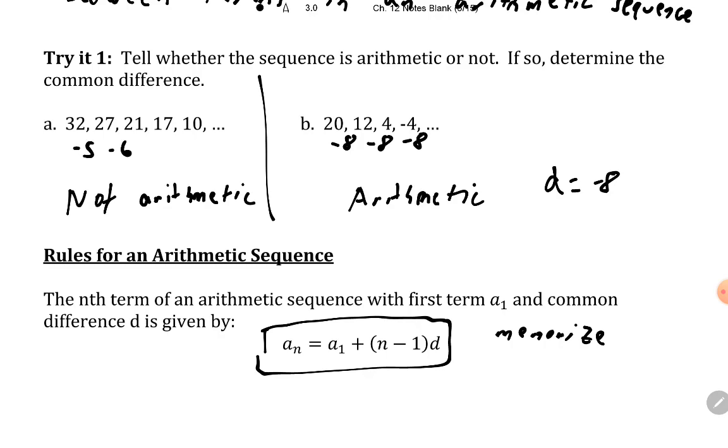So this is the rule for any arithmetic sequence: you take your first term, plus n minus 1 times your common difference, d. And this will tell you any term in the arithmetic sequence. So if I wanted to find the fifth term, I would plug in n equals 5.